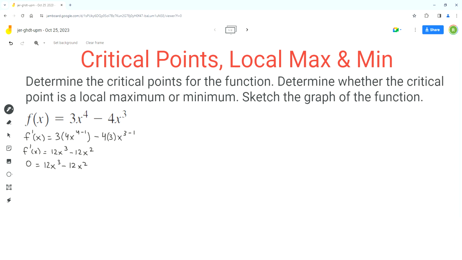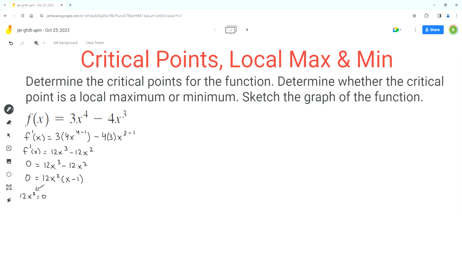Now we can do common factoring on the right side. We can factor out 12x^2. So this is the factored form of this equation, and now we have to solve it. We get two cases. The first case is 12x^2 equals 0.